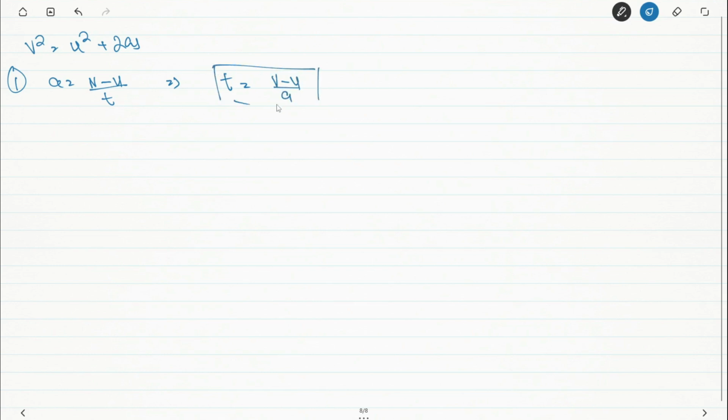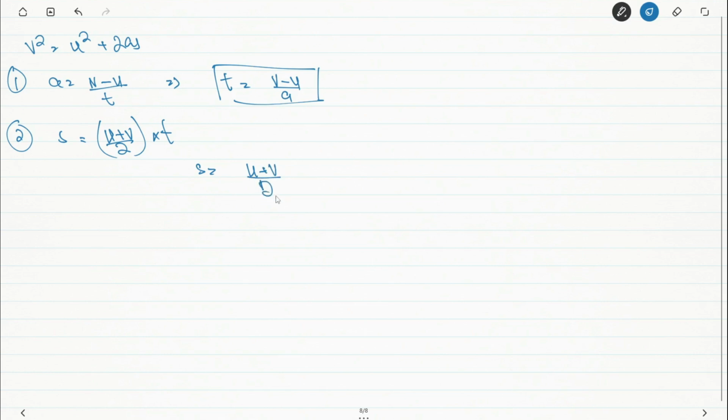So this is the first equation. And the second equation is s is equal to u plus v divided by 2 multiplied by t. Now, the value of t is this, so just plug it in here and we'll get the equation. So let's do it.